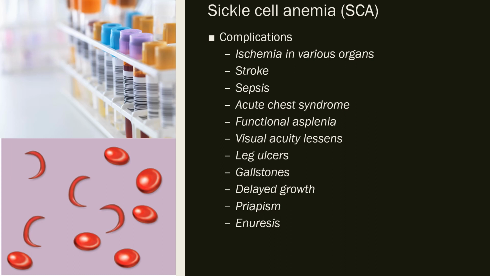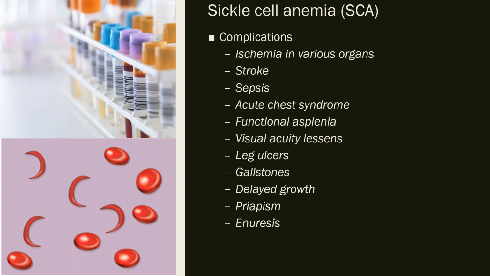Various organs are involved with the ischemic process, and parts of them die over time. They're acutely at risk for sepsis. Acute chest syndrome is something that we definitely want to prevent, and we'll talk about that in a couple of slides.